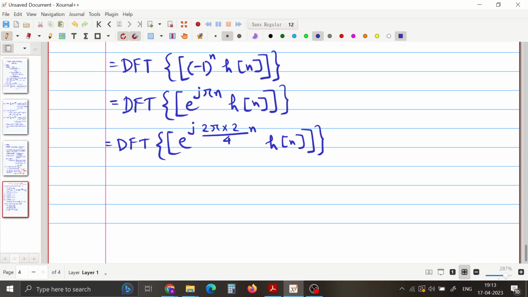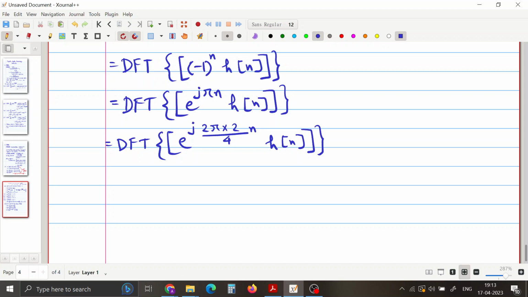In the previous part we had a shift in the sequence itself, in the time domain, and we were getting the output as the DFT scaled by a complex exponential. Here we are scaling the time domain sequence by a complex exponential. We are multiplying it, and that will lead to a shift in the DFT.